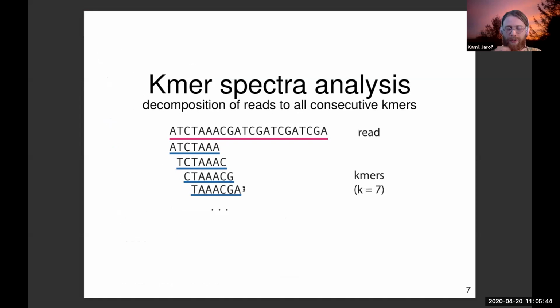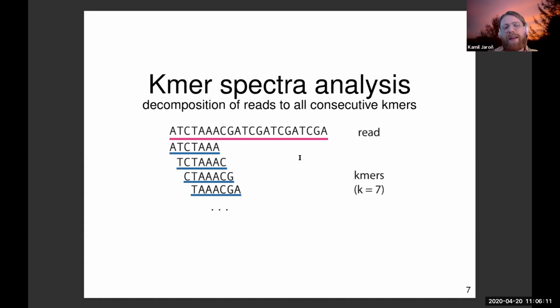So what is Kmer spectral analysis? The idea is that you take a read and you take all possible subsequences of a certain length K. That's why they are called Kmers. In this example, K is equal to 7, which is unrealistic for most bioinformatics Kmer analysis, where we usually use Kmer lengths that are much longer, like 21 to 35.